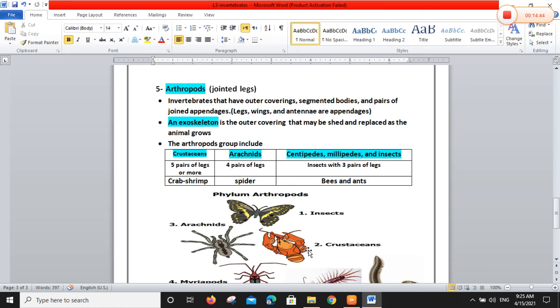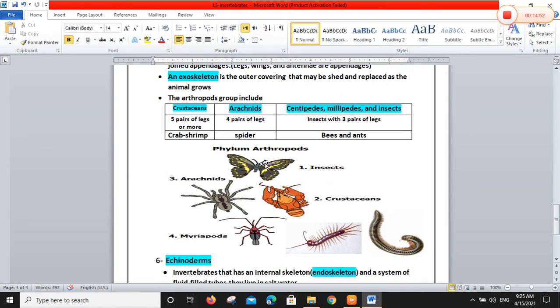Group number 3: centipedes, millipedes, and insects. Insects are like butterfly, like bee, like housefly. Yes, these are insects. What about centipedes and millipedes? Look at them, they look like worms, but they are not worms. Why, miss? Why not worm?